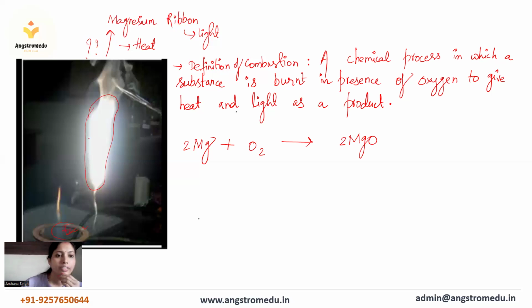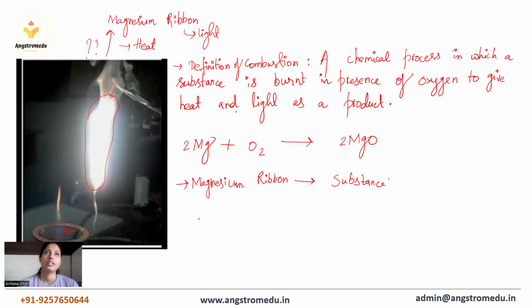Now, here we are using combustion, here we are using magnesium ribbon, which is a substance basically. Magnesium ribbon is a substance, correct? If I take a piece of paper, that is also a substance.